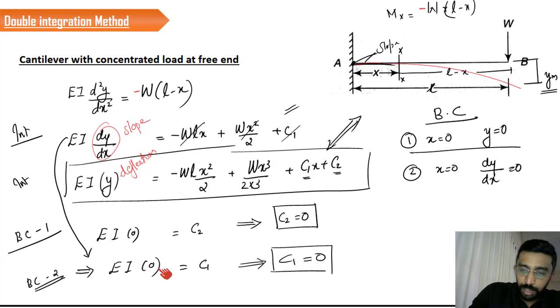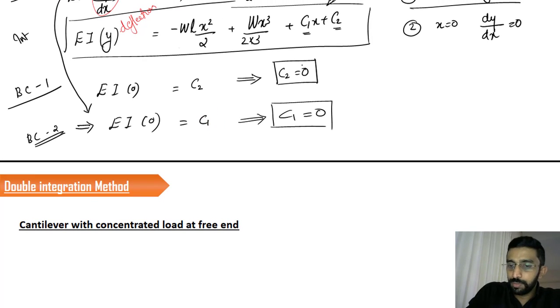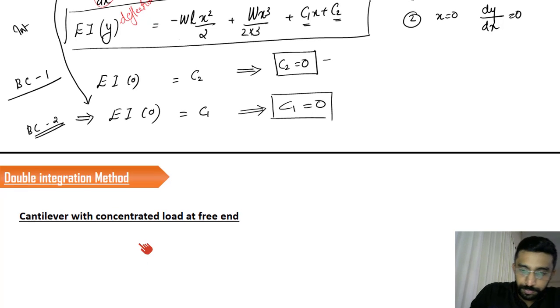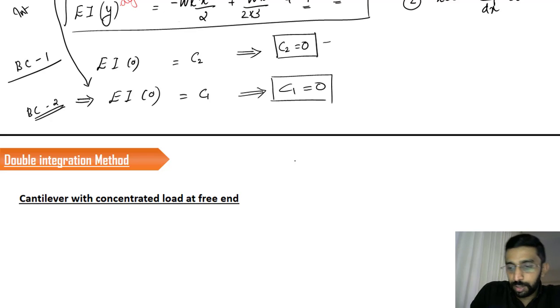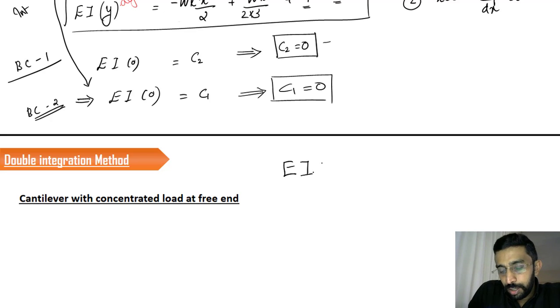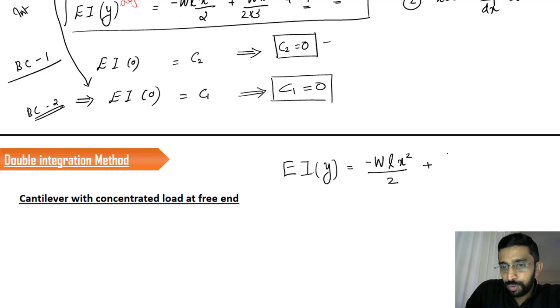So how can we rewrite this equation then? If we use the values of C1 and C2 here, how is it going to be? We can rewrite it as EI into y equal to minus w L x square divided by 2 plus w x cubed by 6. That is the final value we are going to get.